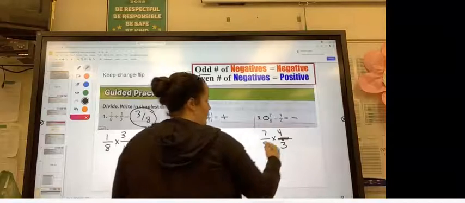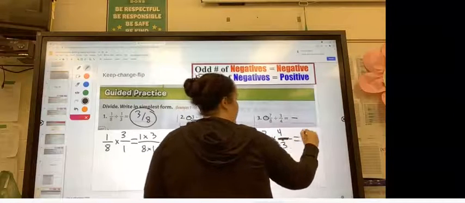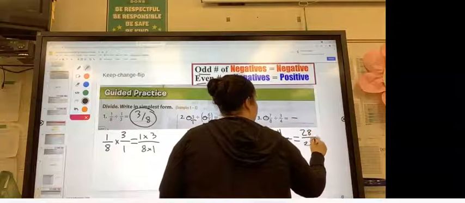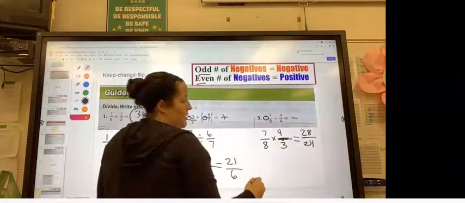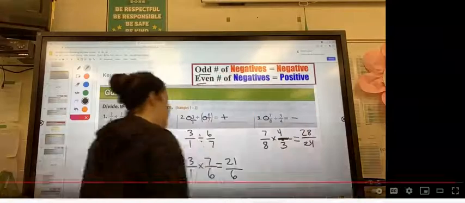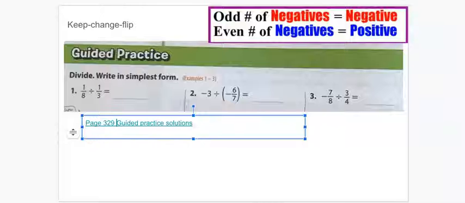Now, I'm just going to multiply it out. 7 times 4 is 28 over 24. You should be able to reduce these down, and then your final answer will be negative. So from here, if you'd like to choose some practice problems from page 330 to practice and make sure you understand, otherwise, we're done.